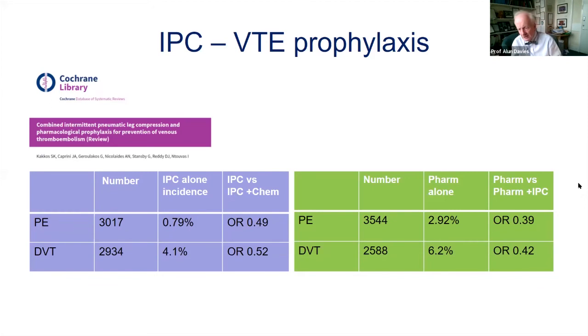If you look at those patients who are either having pharmacological manipulation or pharmacological manipulation and adjuvant pneumatic compression, you can see, again, the same phenomena in both PE and DVT, that there is a risk reduction in using a combination. So maybe we should be offering combination to all patients.